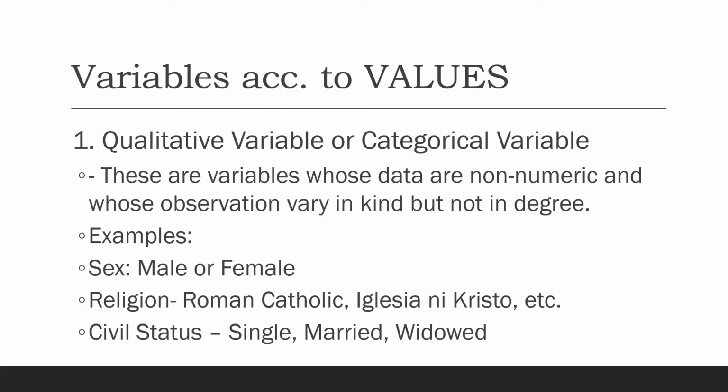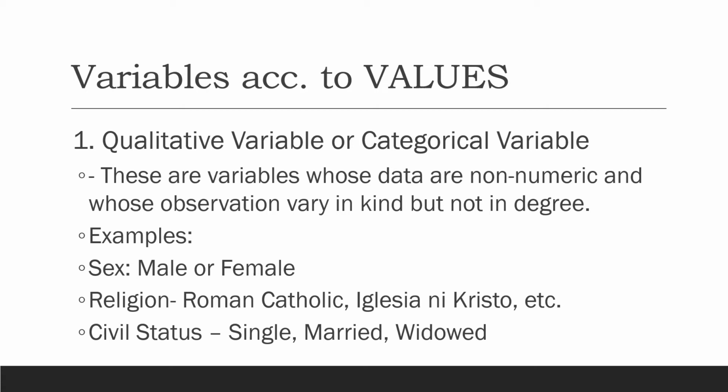The variables according to values. The first one is the categorical variable or the qualitative variable. These are variables whose data are non-numeric and whose observation vary in kind but not in degree. For example, your sex, male or female, religion, Roman Catholic, Iglesia ni Cristo, and others.